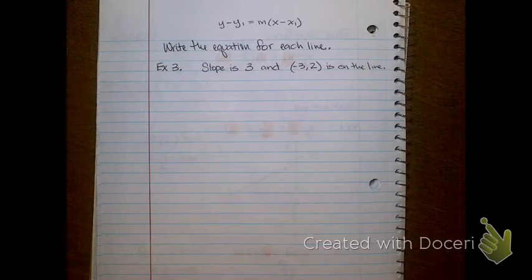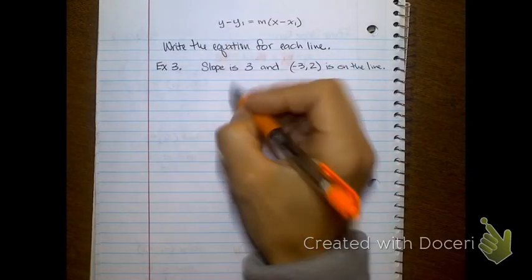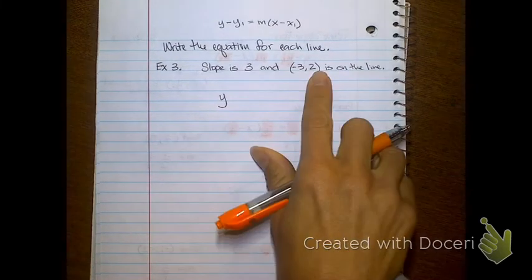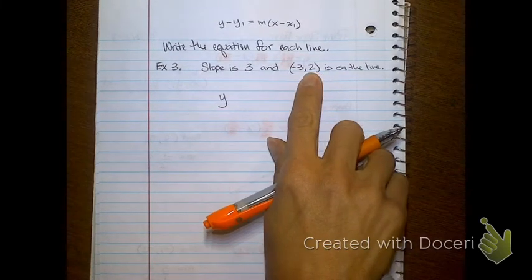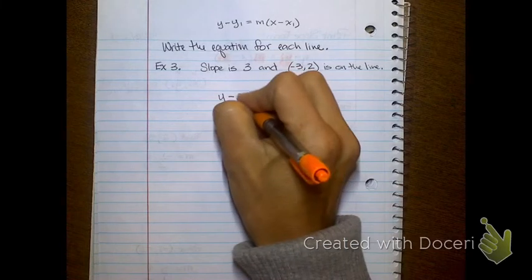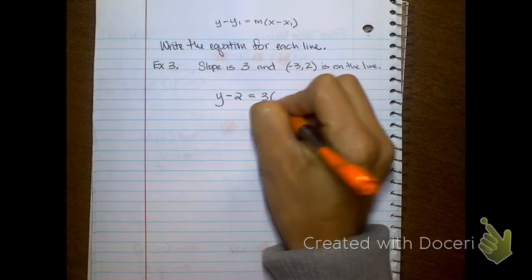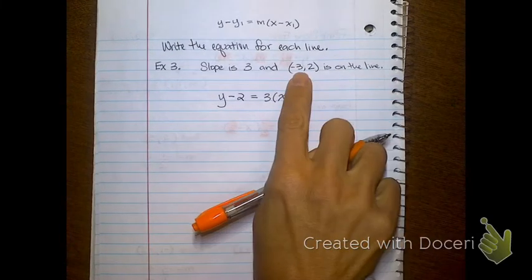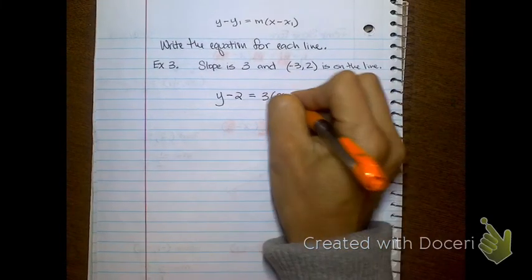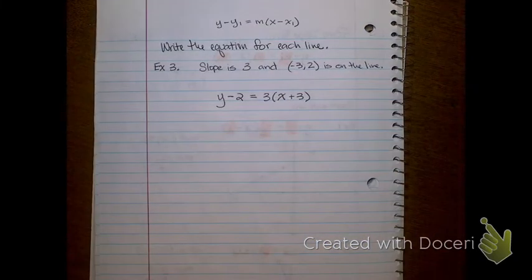So when I put them in, I'm also going to use the opposite sign. So for my y, I'm going to do y, and the opposite of this. What's the opposite of 2? Negative. Equals m, what is m? 3. 3, times x, and what is the opposite of the x value? Positive, so plus 3. That's it. That's the equation of my line. Are there questions on how I wrote the equation of the line?